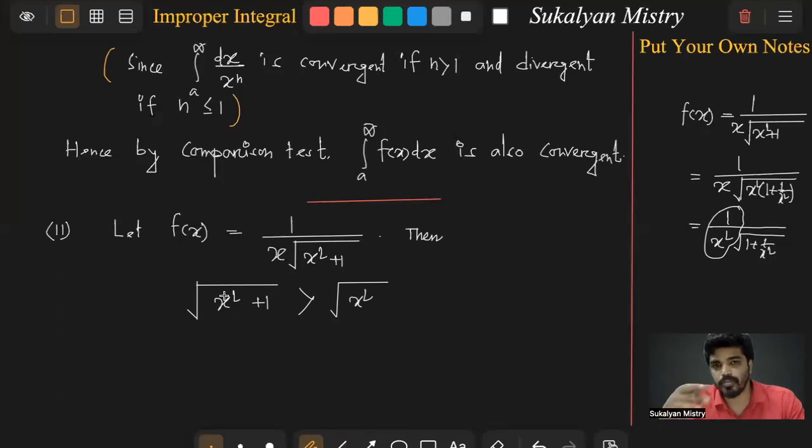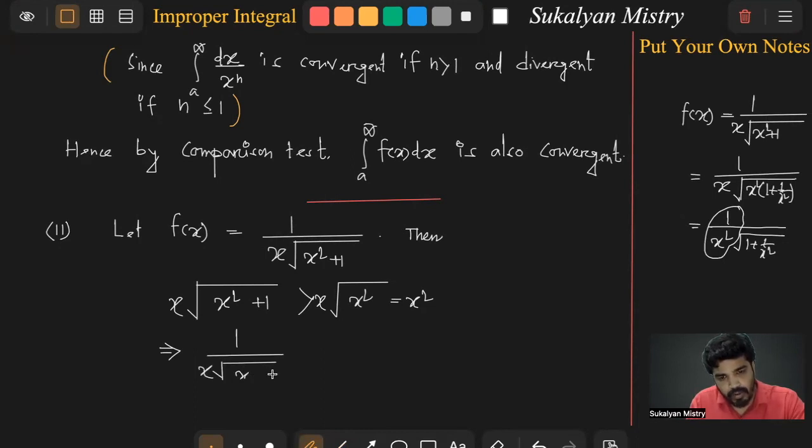If I multiply by x, ultimately this is x², right? So this implies 1/x root over x² plus 1 is less than 1/x². So we choose this as g(x).